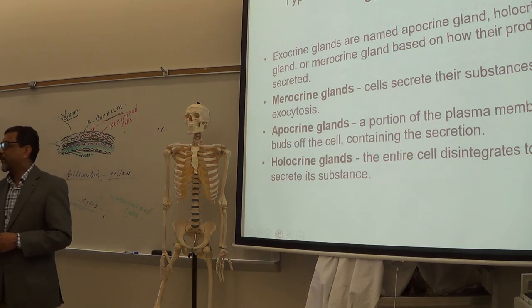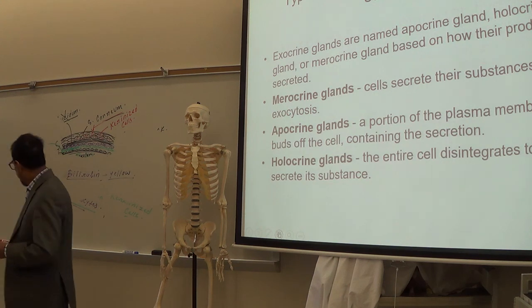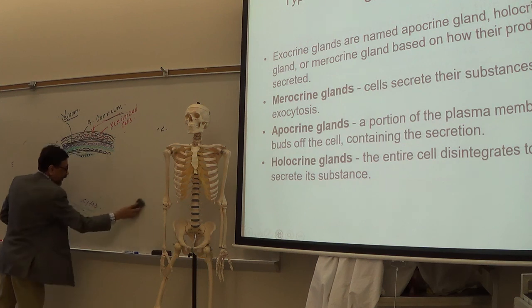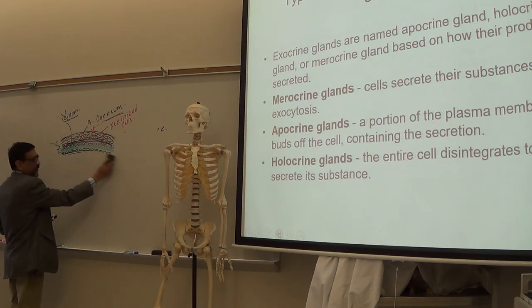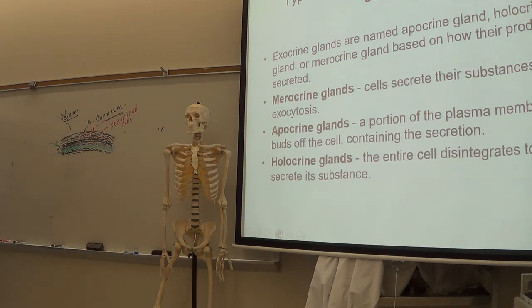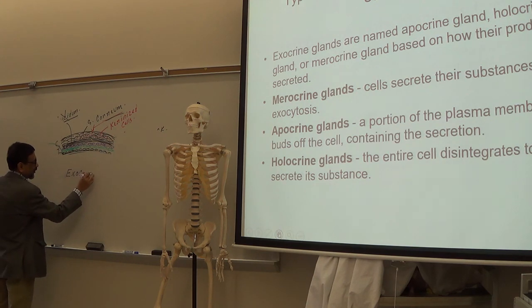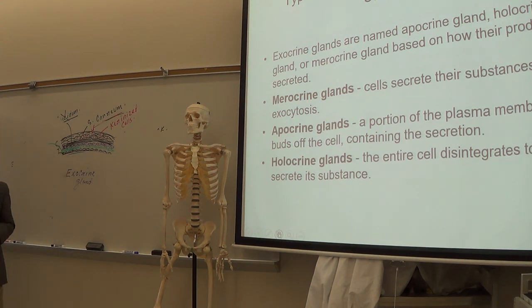Now the glands. In your skin, you have two types of glands: sweat glands and sebaceous glands. And remember, both skin glands are exocrine glands, not endocrine. You know, there are two types of glands in the body: endocrine glands and exocrine glands.